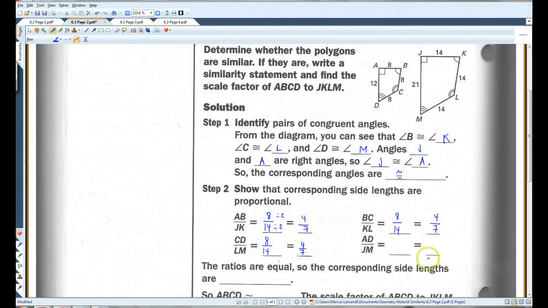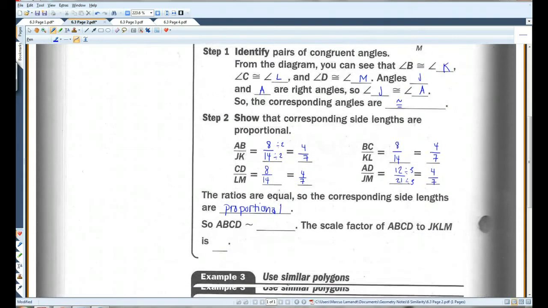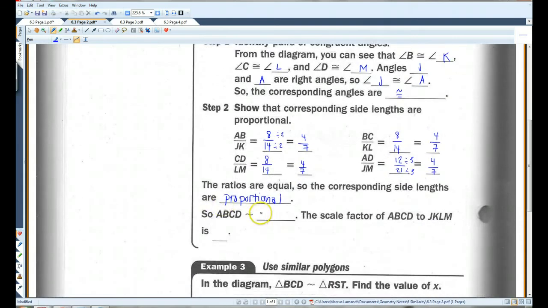AD over JM, this one is 12 over 21. So I'm going to divide by 3, and I've got 4 over 7. So the ratios are equal, so the corresponding side lengths are proportional. So ABCD is similar to JKLM. The scale factor of ABCD to JKLM is 4 to 7.